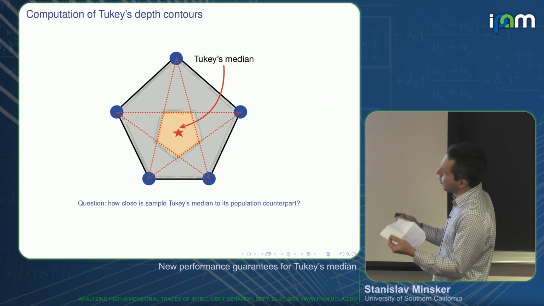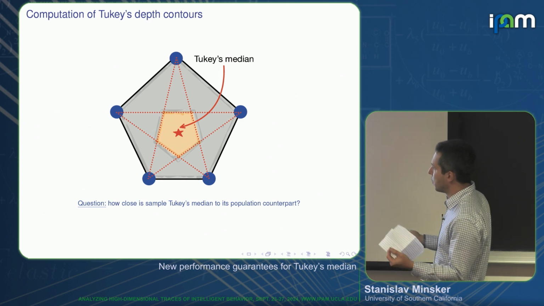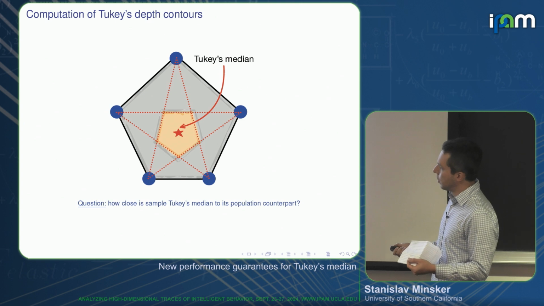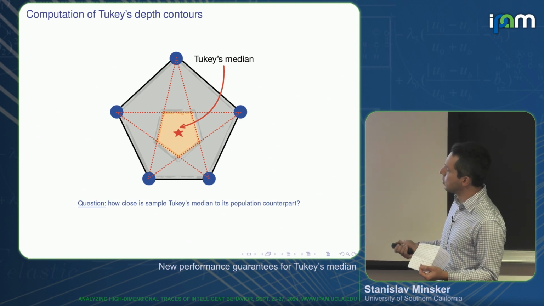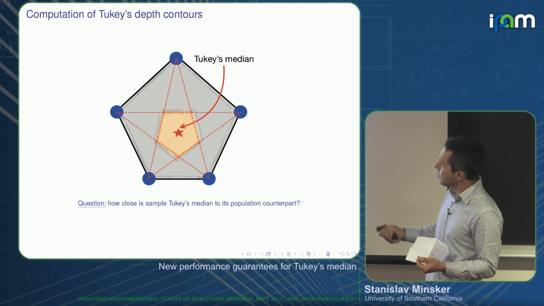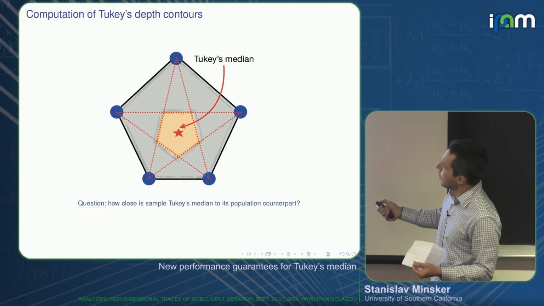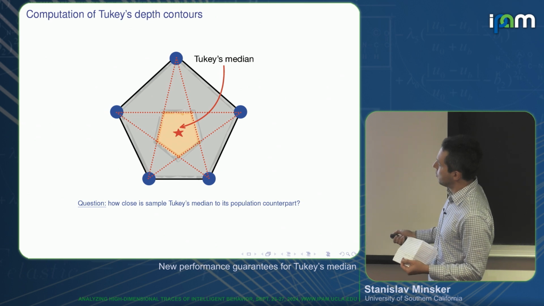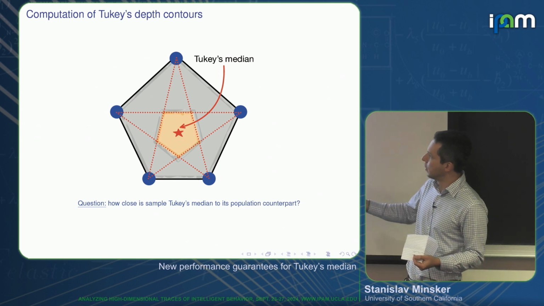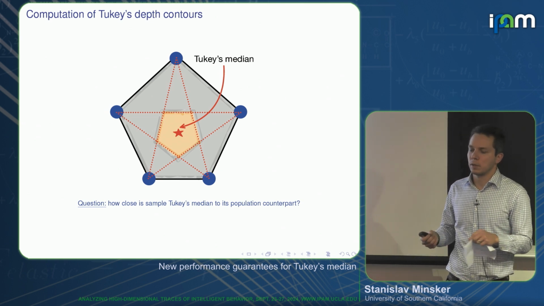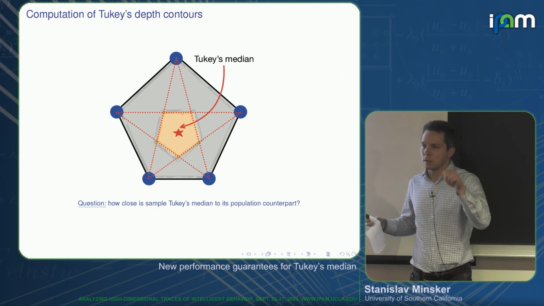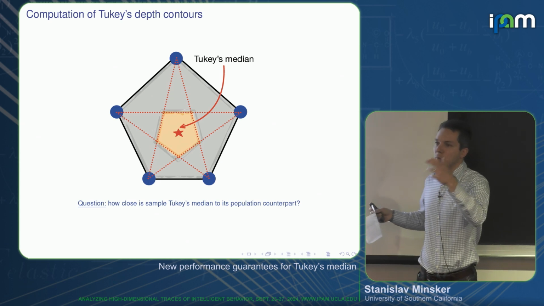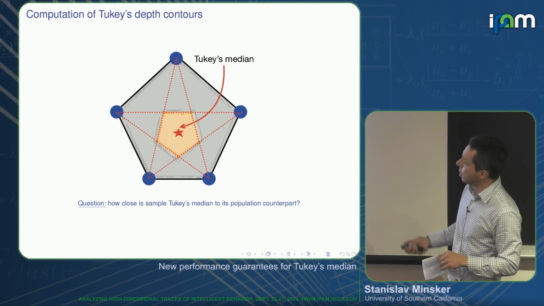From the mathematical statistical point of view, the question that we want to ask is how close will what I will call the sample Tukey's median be to the population counterpart? So what does population refer to? Well, assume that these 5 points are sampled from some larger body of data. It's a sample from some population.